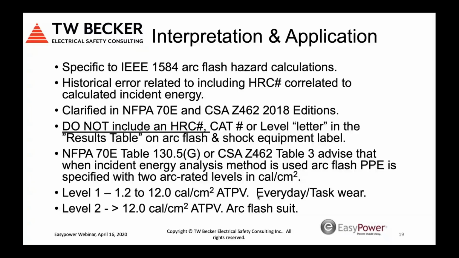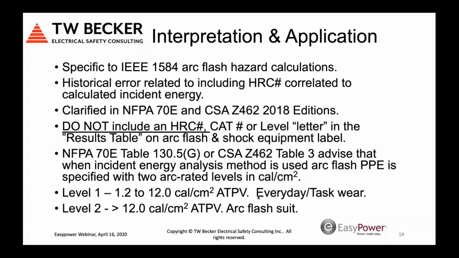So in the 2018 editions, if you were not aware, and you might not be aware if you're doing the studies and you're not up to speed on 70E and Z462, it was clarified that when an incident energy analysis is completed, you do not call up the clothing related to the incident energy analysis results with an HRC number, or now an arc flash PPE category number or a level letter.